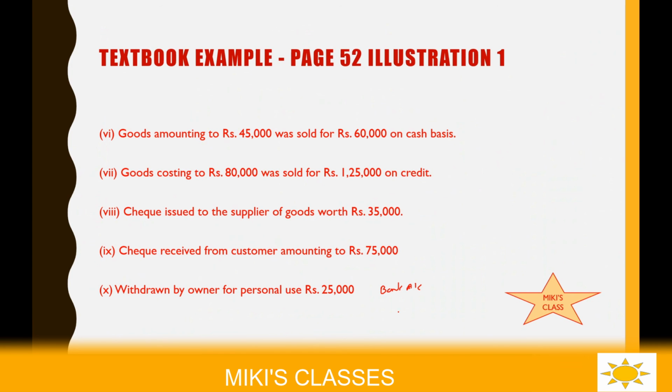Okay, let's check. So the bank account and the capital account are the two accounts involved, because we're talking about the owner. So the capital account has to be involved. Let's check the journal entry. So capital account, when money goes out from the capital account, it has to be debited. Right?